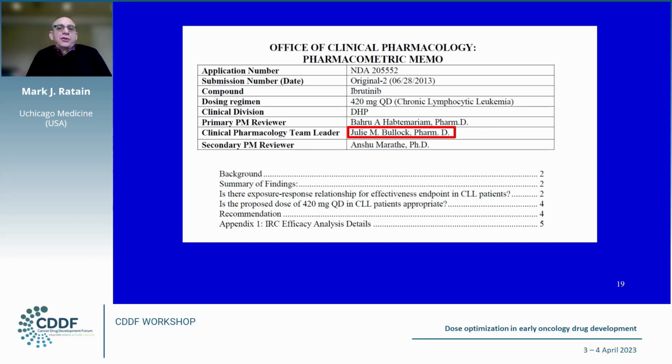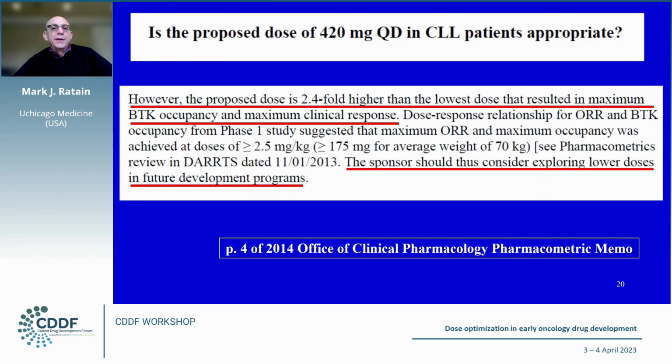All right, so coming back to ibrutinib, what we see here is the pharmacometric memo, and the clinical pharmacology team leader was Julie Bullock, who is now at Certara, regarding ibrutinib. And this goes back to 2013, where FDA tried to ask the question as to what the right dose was of ibrutinib in CLL, and specifically addressed the question, is the proposed dose of 420 milligrams daily appropriate?